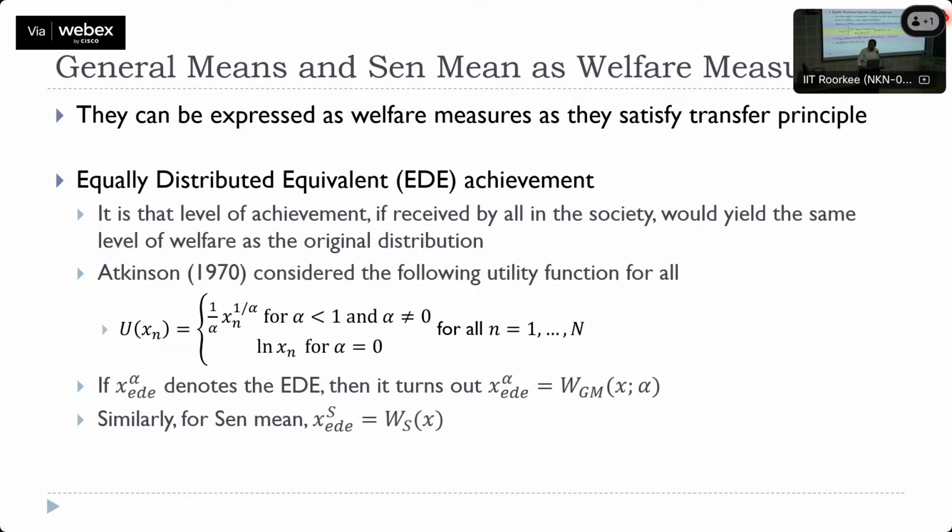Sen, on the other hand, is not utilitarian, but even if you go beyond this utilitarian framework, the equally distributed equivalent in Sen's world is the Sen mean itself. Atkinson used a utilitarian framework, but for Sen, the Sen mean itself is the equally distributed equivalent. So that's why these two can be seen as welfare measures as well.